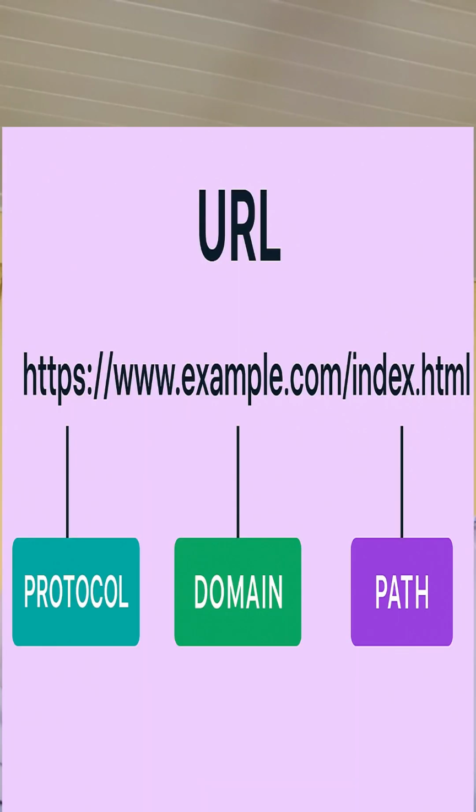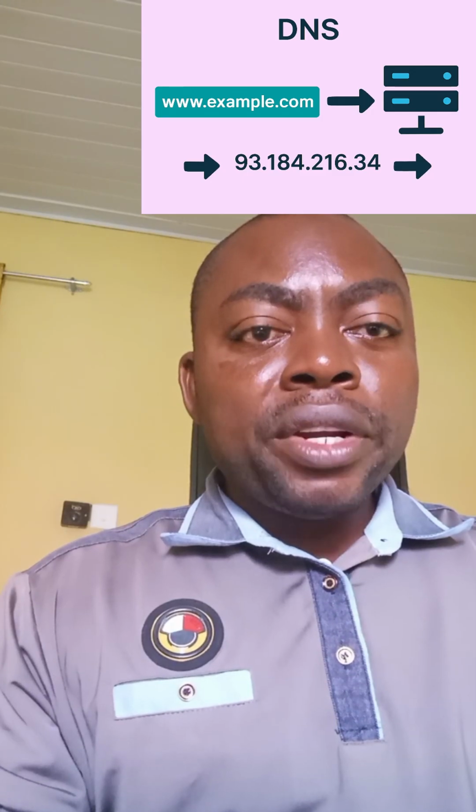Next is the URL and domain names. As mentioned before, URL is your Uniform Resource Locator, which you use to access a particular page on the website or to access the website.